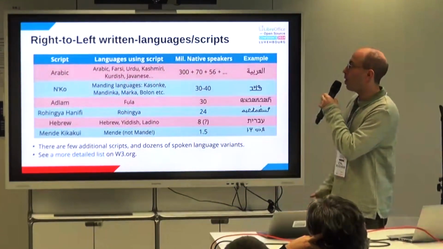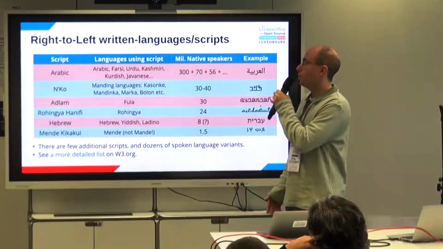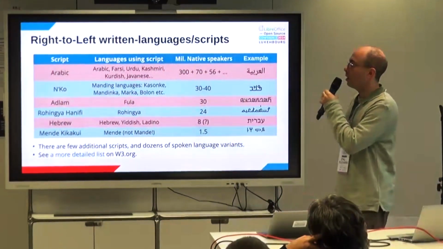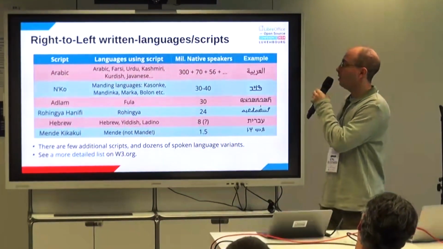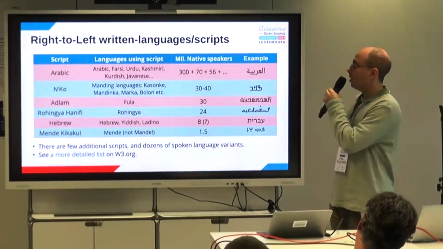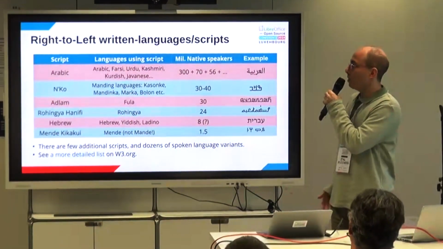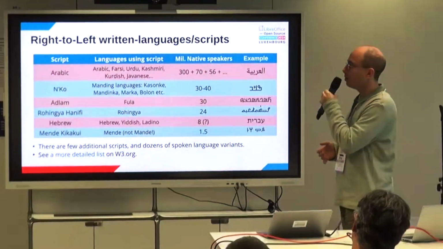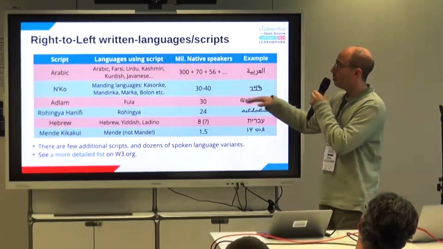The most common one is the Arabic script, which is used for the Arabic language, also for Farsi or Persian, and other languages in West Asia and in North Africa, and also used for one of the languages in Indonesia, the Javanese language. So the Arabic script has the most users.